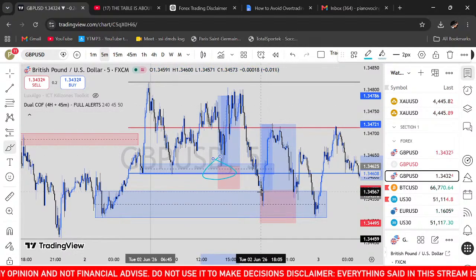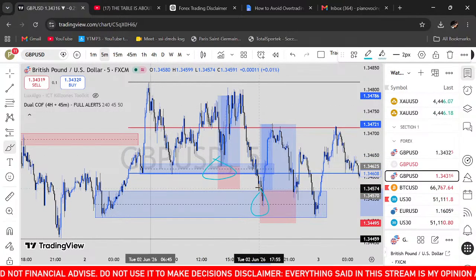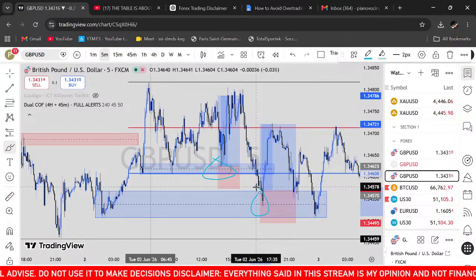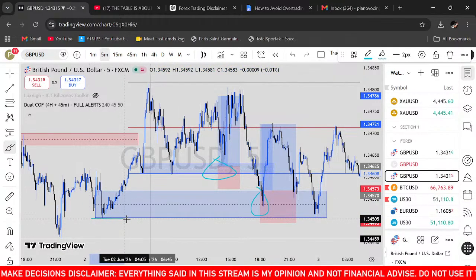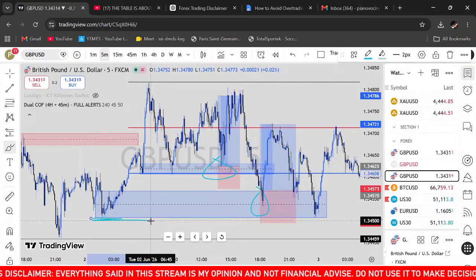And then the next one, I told you that this is going to be another area for buys. No matter what, you shouldn't be looking for buys after this zone, right? Shouldn't be looking for buys after.